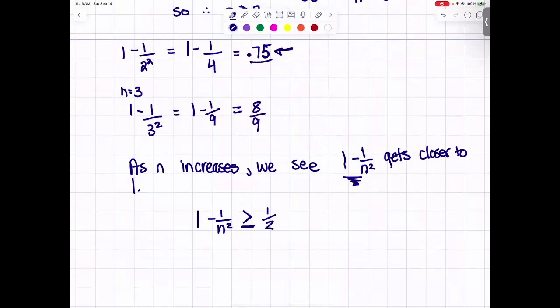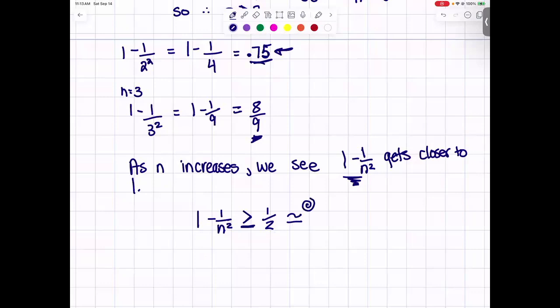We can see that these values are bigger than a half. If we allow ourselves to get really, really close to that value of 2, there's just no way that we're going to ever be smaller than it. We can see that 1/2 is definitely less than this entire term here.